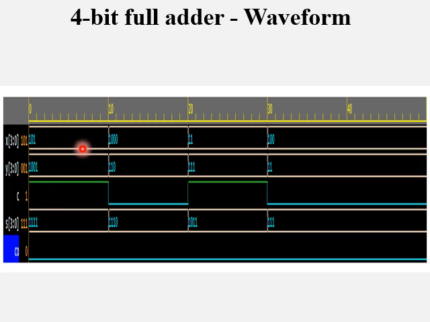this is the waveform of the 4-bit full adder test bench that we have written. So this is x, that is a 4-bit number, and y, a 4-bit number. As I have told you before, the 4-bit or multiple bit signals are represented as parallel lines. Whenever there is a change in the value, it is shown by a crossover.